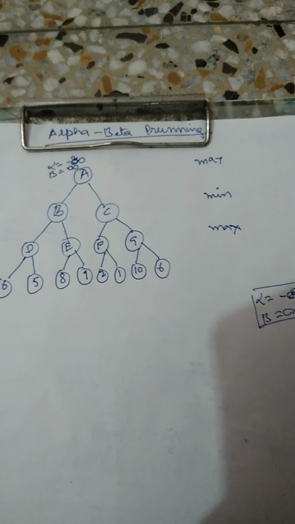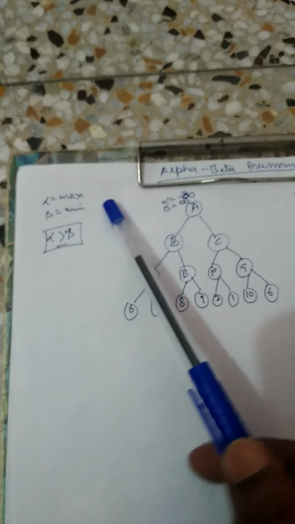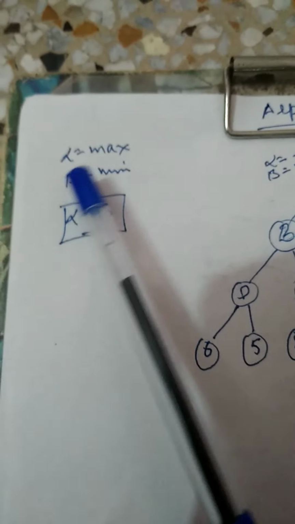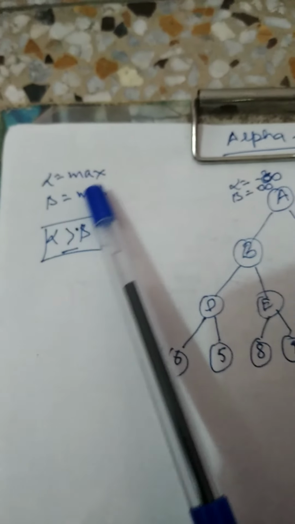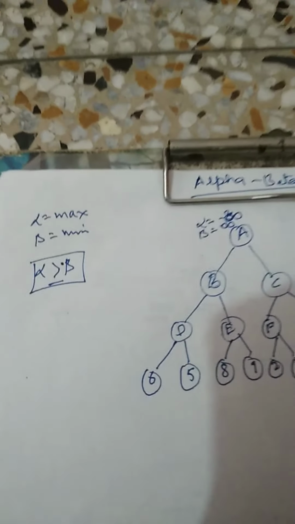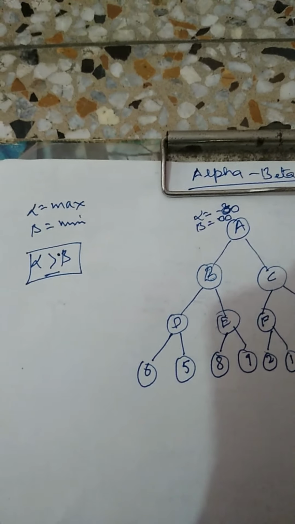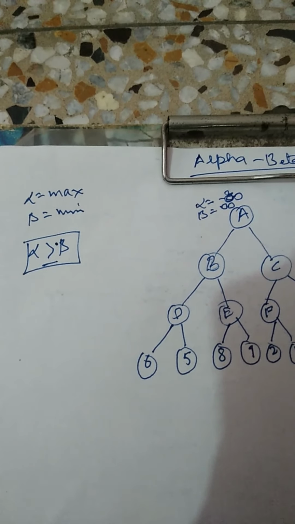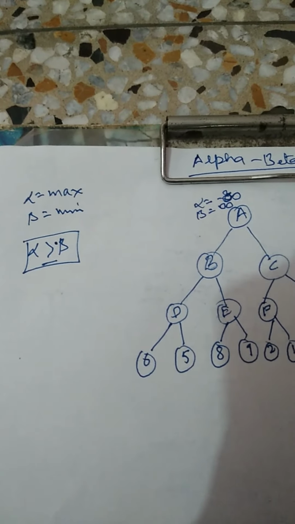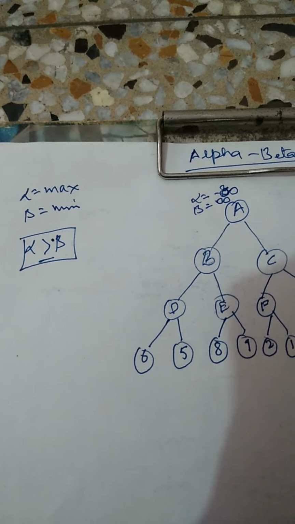Okay, let's begin. Here there is one condition. We consider alpha to be the maximum and beta to be the minimum. The condition is that alpha is greater than or equal to beta. If this condition becomes true, then we prune the nodes.